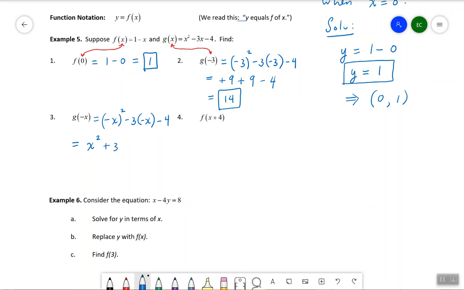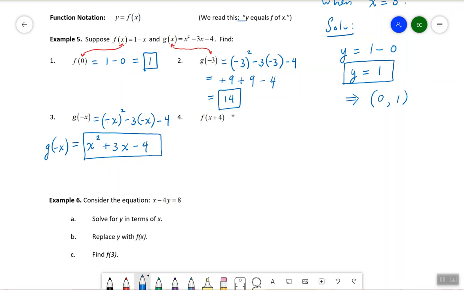And then there's a plus 3x minus 4. So here's our answer. One of the nice things about function notation is that when we look at this answer, we can see exactly what the input was that made this output. So input and output go together, and it's nice to see them side by side here. Oh, one more thing. Replacing x with negative x is an important idea later in this chapter. So we'll see this again real soon.